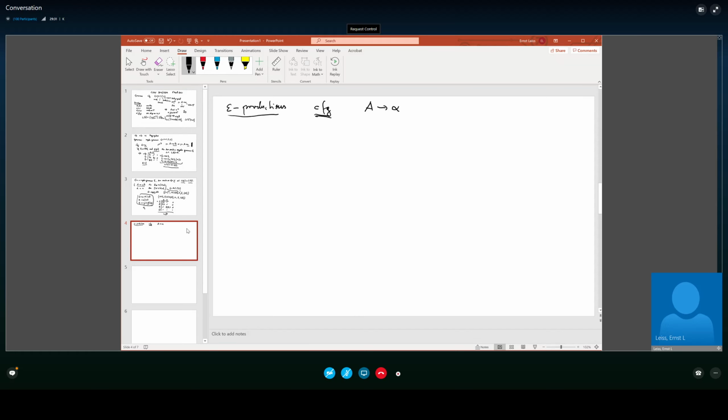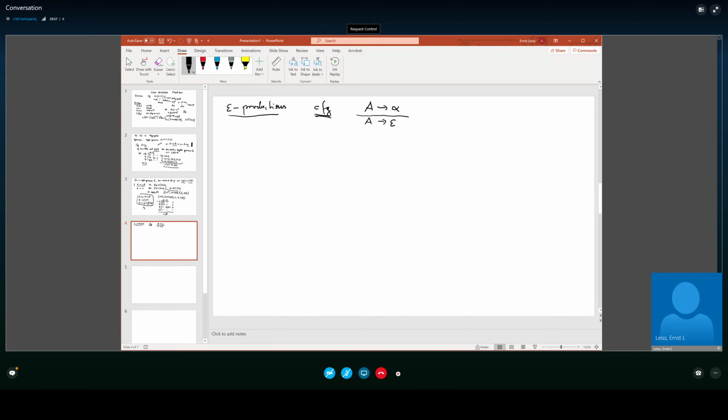So we're using that. A goes to alpha is precisely the way a production in a general context-free grammar looks. So that in particular allows the alpha to be epsilon. There is nothing that says the alpha can't be epsilon.